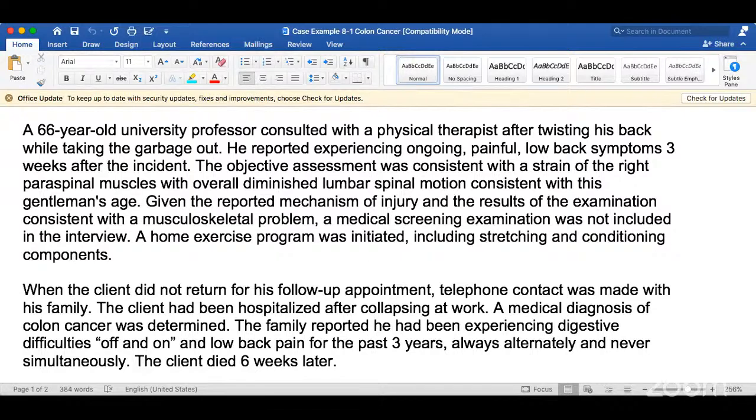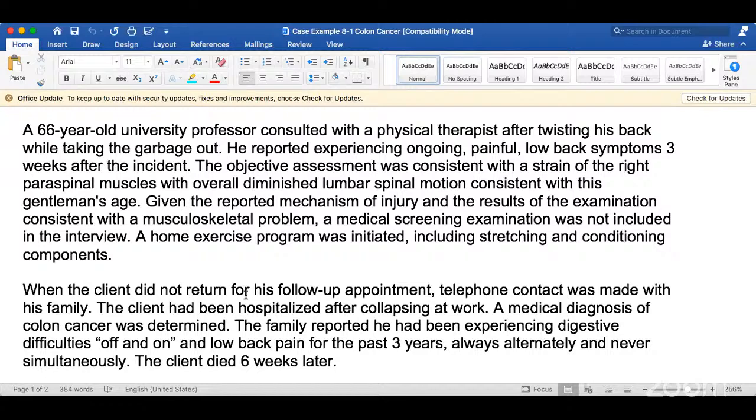So this is a case that the therapist did not do the system review. A medical screening examination was not included in the interview because of the indication that there is musculoskeletal problem. Can you see why I told you that in the United States, the APTA template, you don't even ask of the chief complaint before you do your biodata, past medical history, family social history, and drug history, because of this particular situation?